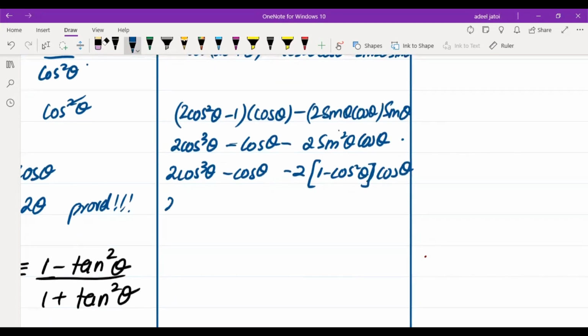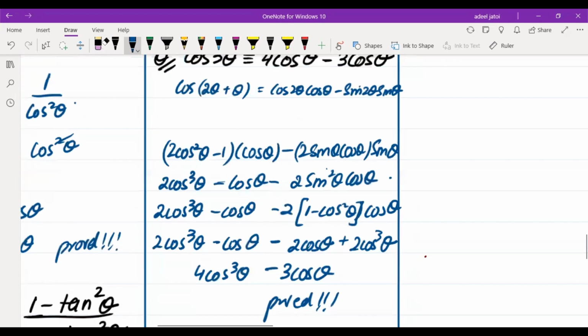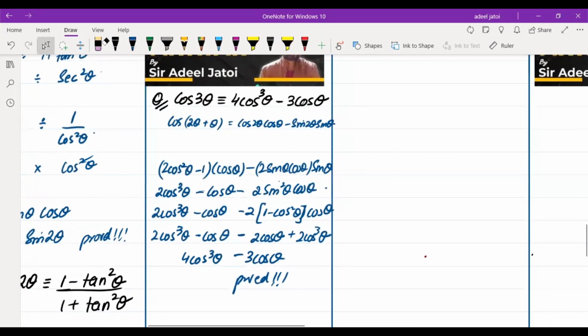So this thing can be opened as 2 cos cube theta minus cos theta minus 2 cos theta plus 2 cos cube theta. So what do we have? We have 4 cos cube theta minus 3 cos theta. Hence proved the identity that was required.